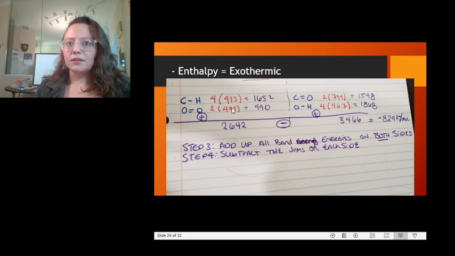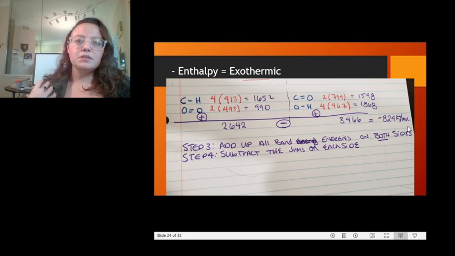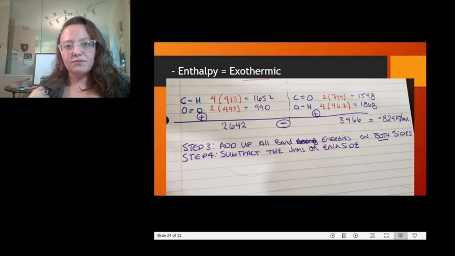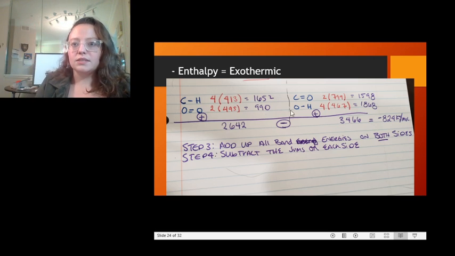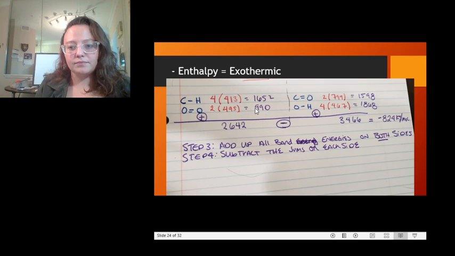So you multiply across, add them up. Same thing on this side. We multiply these numbers, add them up. And then we subtract both sides and we get negative 824 kilojoules per mole. So that number is negative, and if you remember, negative enthalpy means energy was released, which is exothermic. So this is an exothermic reaction. You release energy to do it.